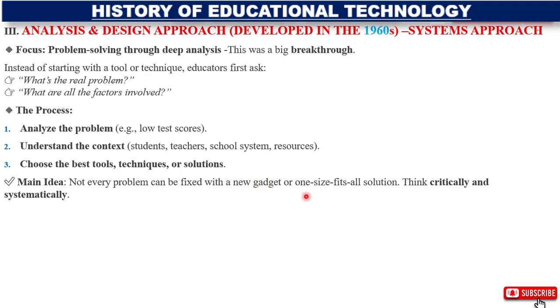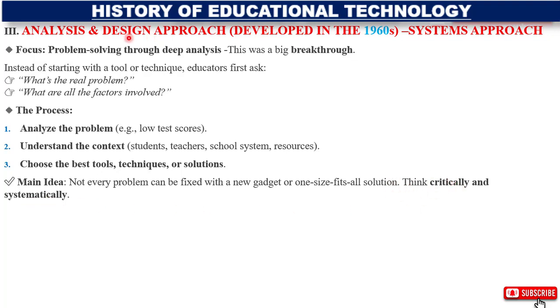There were also some problems that cannot be solved by a one-size-fits-all solution, that is, the teaching machine that was used in the 1950s. This particular approach meant that there must be critical thinking and the problem solving must be systematic.